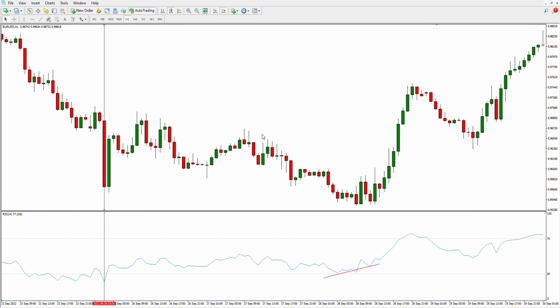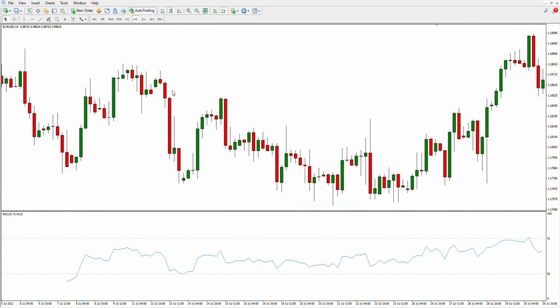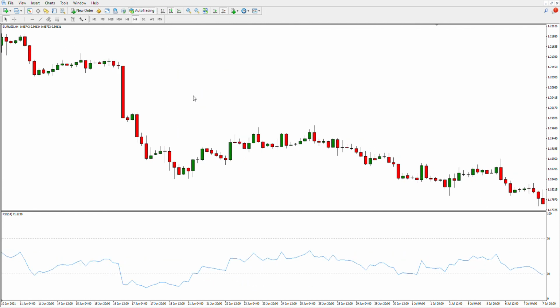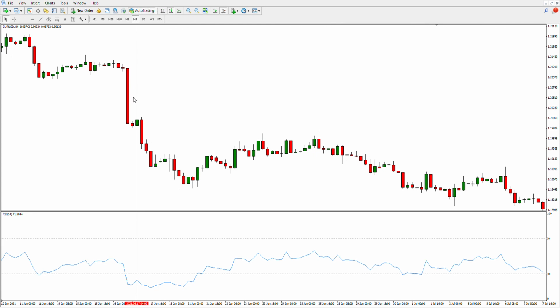So yeah, you can go up even further, take a 4 hour chart. As you can see here, it does help eliminate some of the noise that you see on the lower chart time frames.